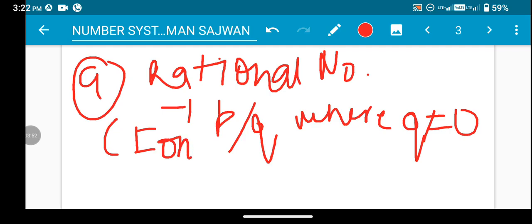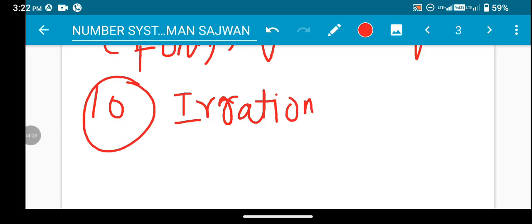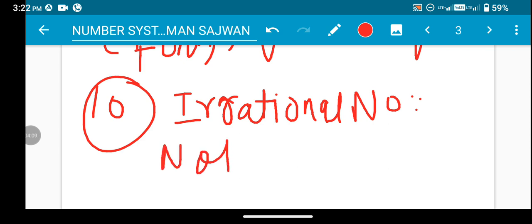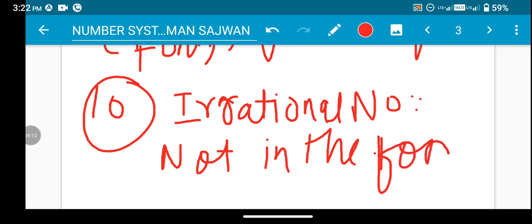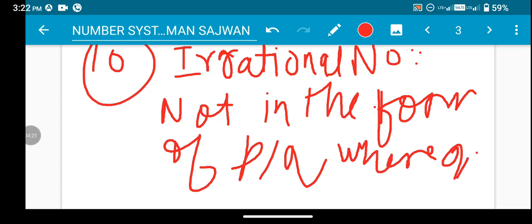Now 10th, irrational numbers. What are irrational numbers? Numbers not in the form of p by q, where q is not equal to 0.